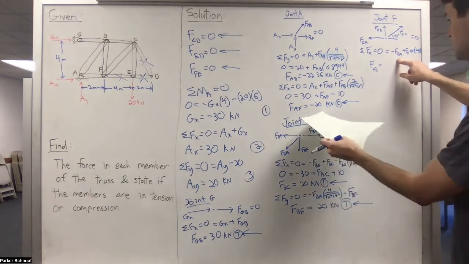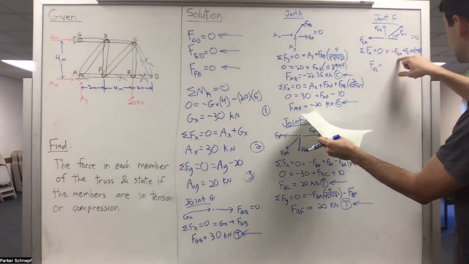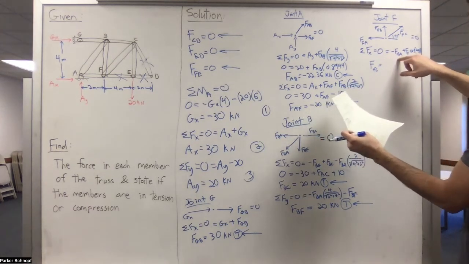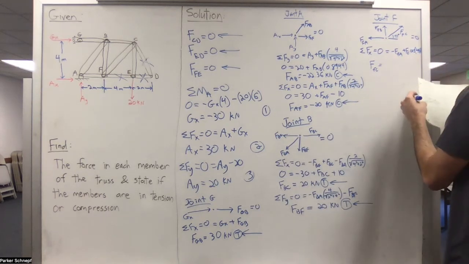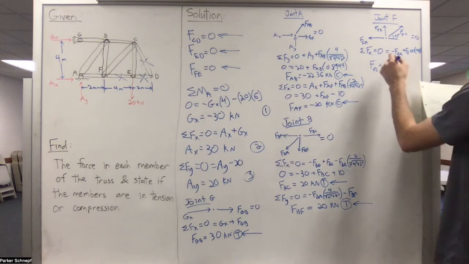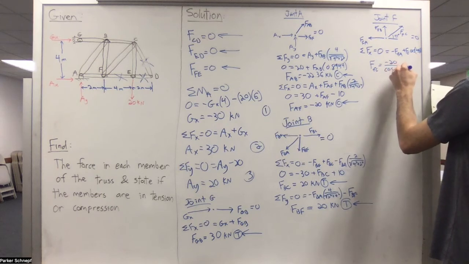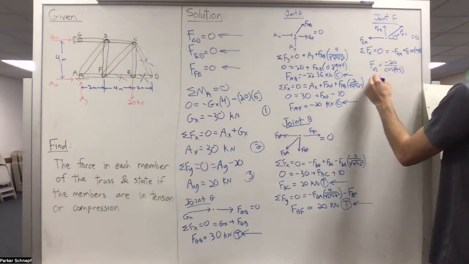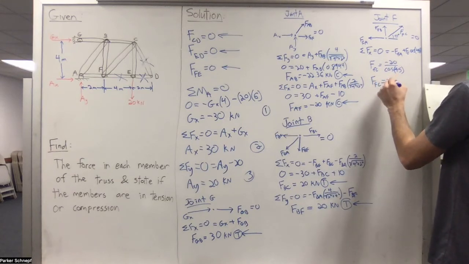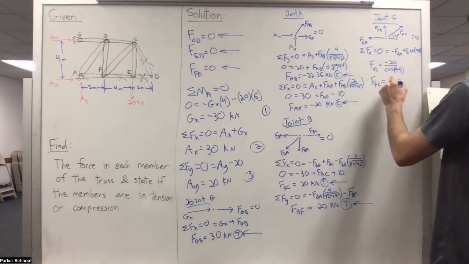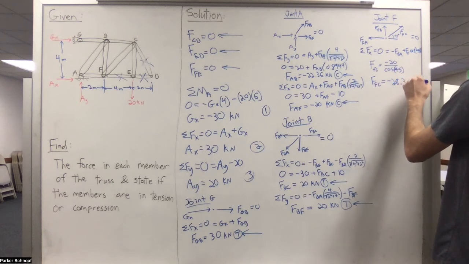We found that right here. We said it is negative 20. So if we plug in negative 20 there, and then move it to the other side, we get a minus 20 divided by cosine 45. We get that FC equals negative 28.3 kilonewtons, meaning compression.